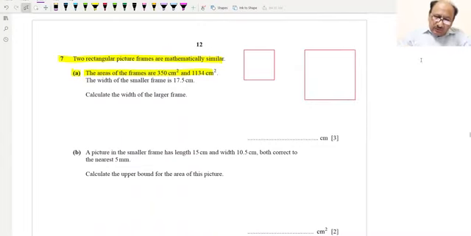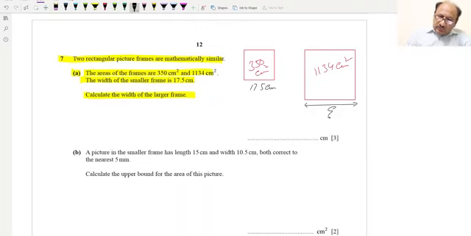The area of this is 350 centimeter square, and the area of this one is given as 1134 centimeter square, and the width of the smaller frame is 17.5 centimeters. Calculate the width of the larger frame. So the width of this frame is required, which we need to calculate.